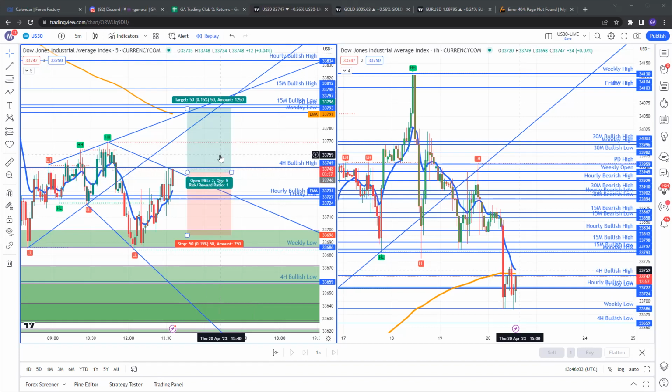Others would maybe have a 1 to 7 risk to reward per trade, and then if the trade is like 10 pips in profit, they talk about setting break even, right? But ideally, if you do that, you sometimes end up with a negative risk to reward.